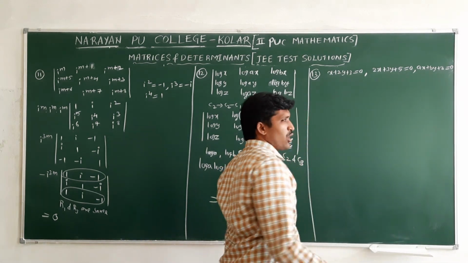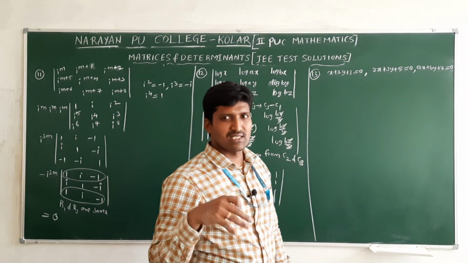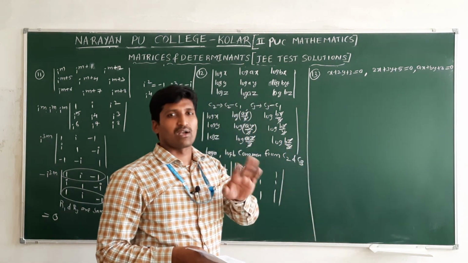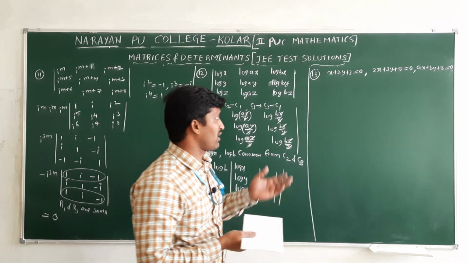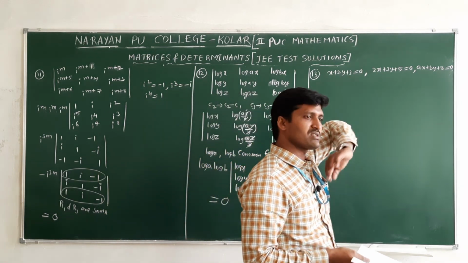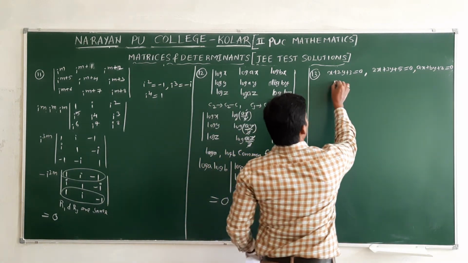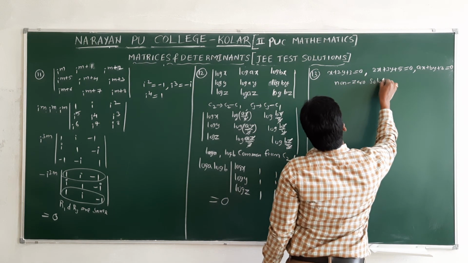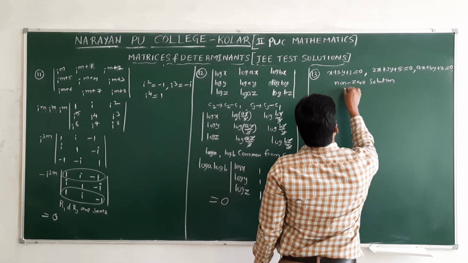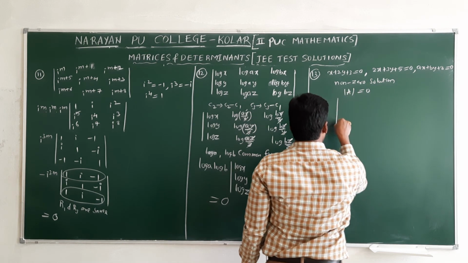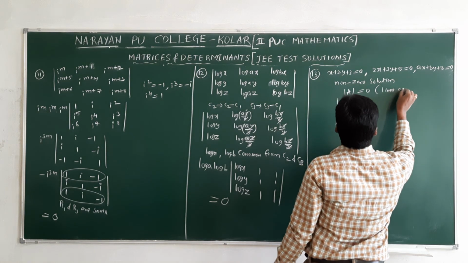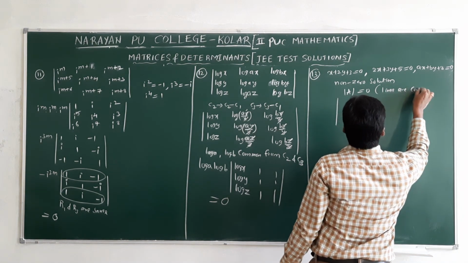Non-zero means non-trivial solution, so the determinant value is 0. That is one way. Or these lines are compulsorily concurrent lines. Concurrent lines means the condition is that the determinant value becomes 0 only. So we have a non-zero solution, the determinant is 0, and also the lines are concurrent.